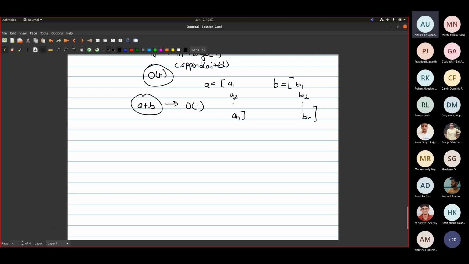Now how do I apply it to my system? Let's forget our improved algorithm and look at the naive algorithm for a second. What was our naive algorithm?